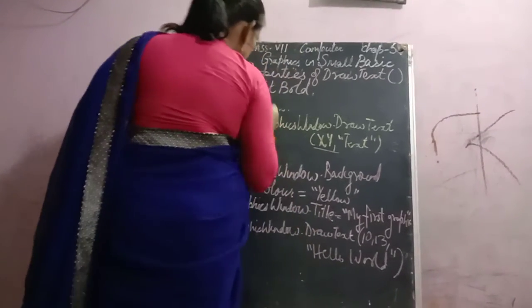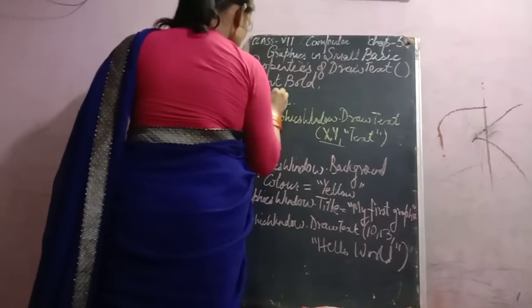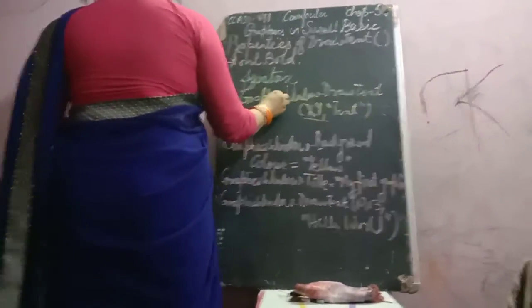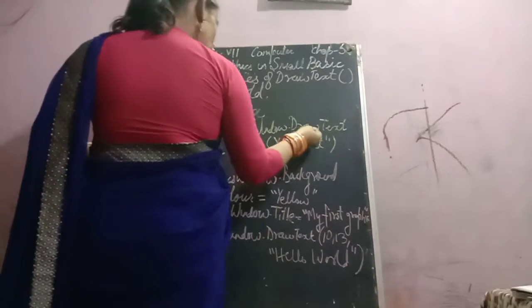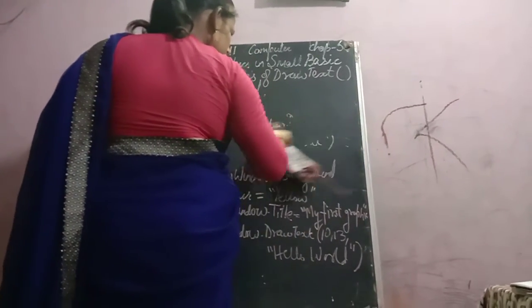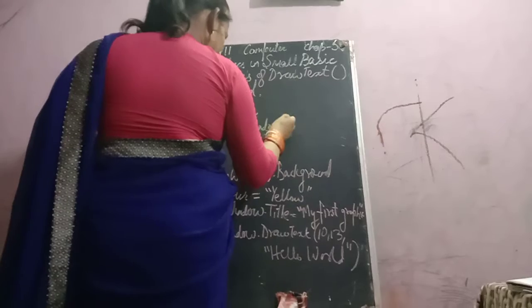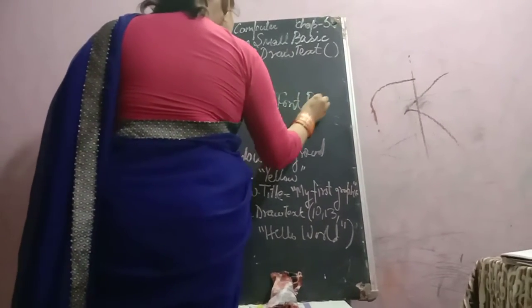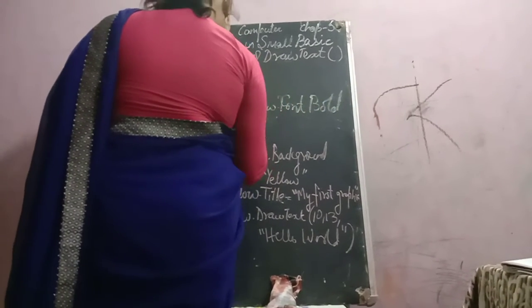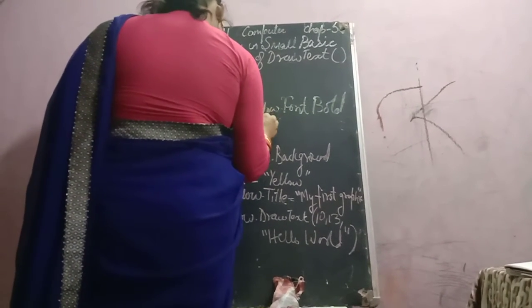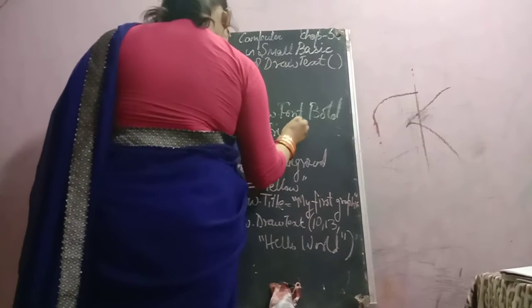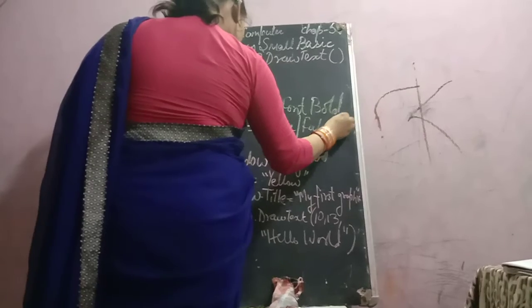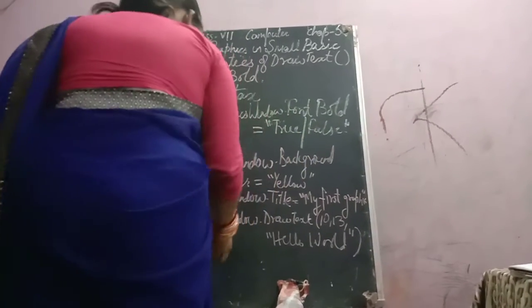Now, what is the syntax? Graphics window dot font bold is equal to true or false. That means you have to take any one, true or false.